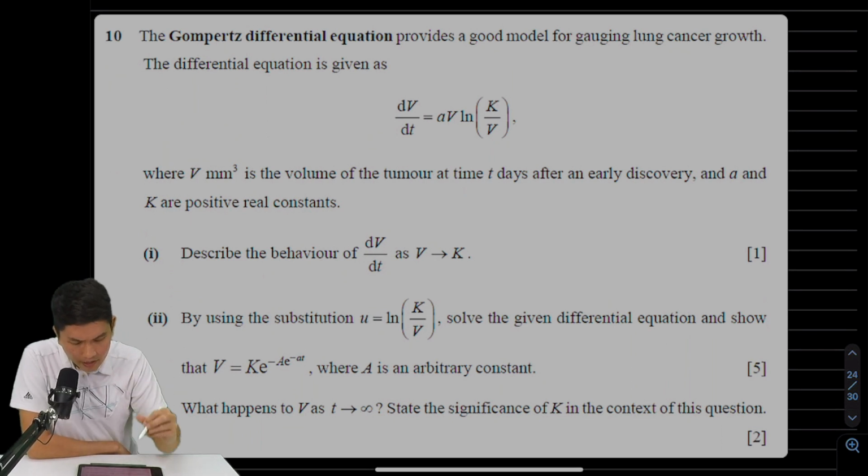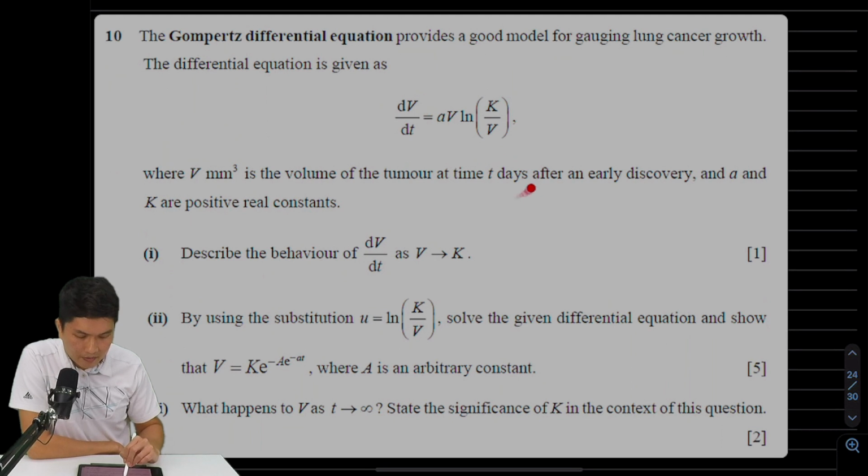So let's take a look at this equation. This is what we call a DE. This is something that is supposed to model the growth of cancer, lung cancer, right, or specifically the volume of a tumor. Okay, so V is the volume of the tumor. t is time in days, right?